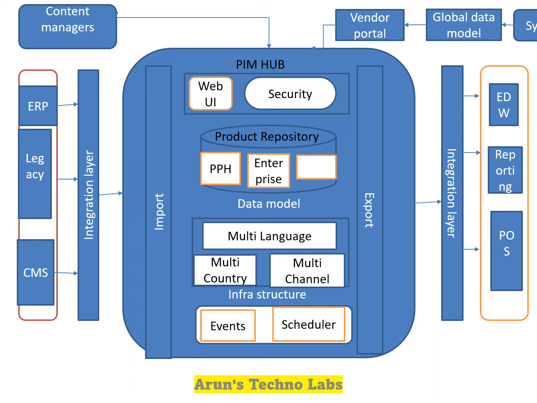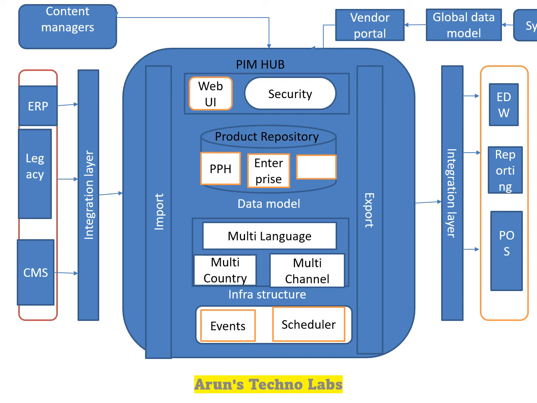Just like the events and scheduler to publish the content, the event helps trigger at a particular time, and the scheduler will help to schedule the event. So these two can help as part of the PIM implementation.